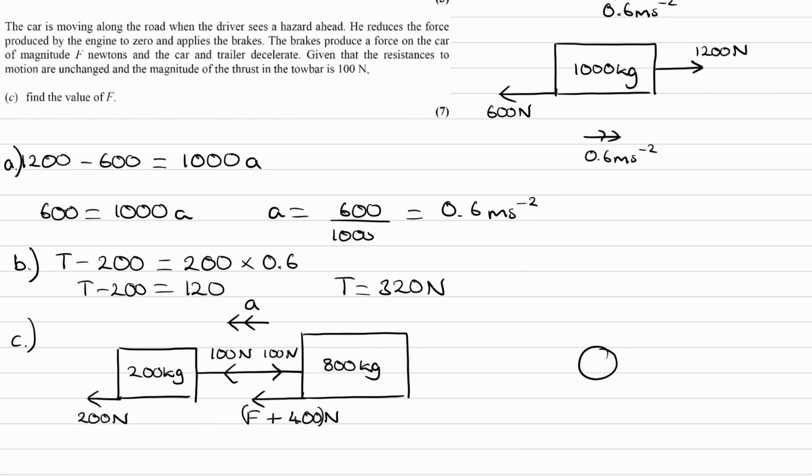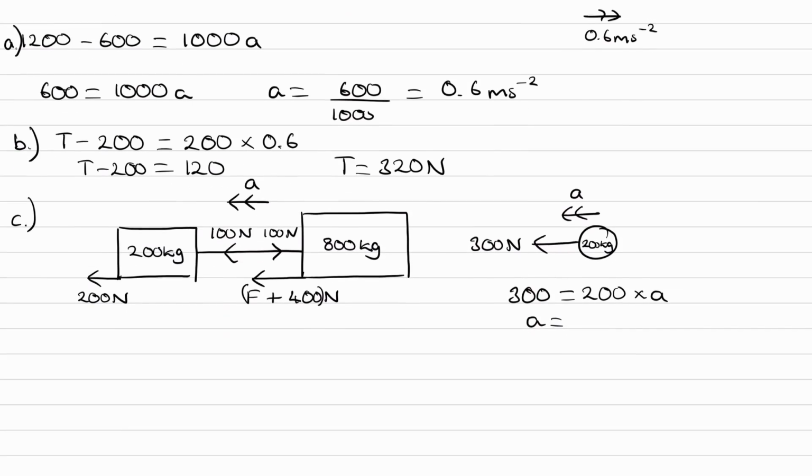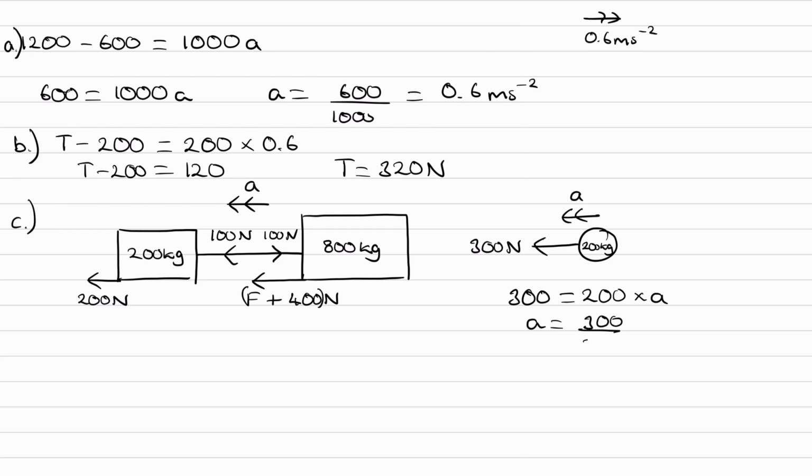The trailer experiences an overall force towards the left of 300 newtons, the acceleration is towards the left, and the mass is 200 kilograms. Using F equals ma, the overall force is 300 and the mass is 200, so a is 300 over 200, or 1.5 meters per second squared.